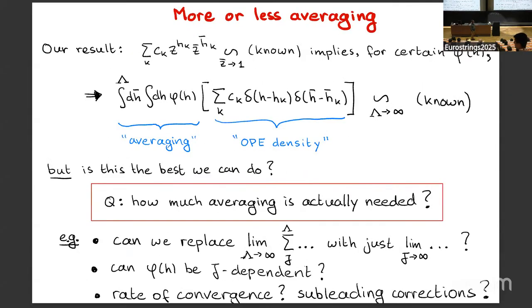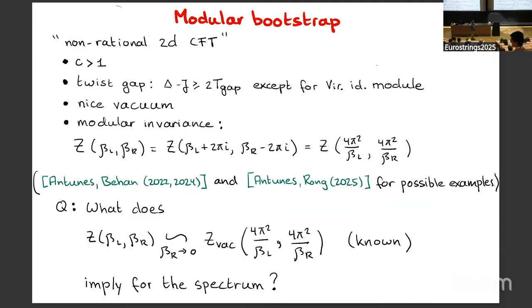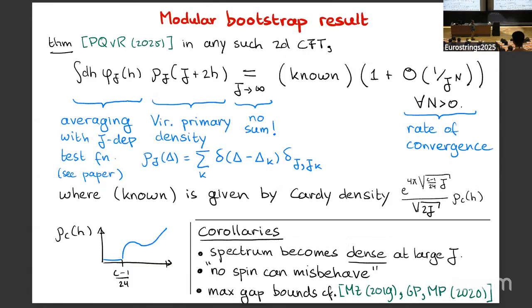And in the modular bootstrap result, we use modular invariance on the right-hand side to get the result. We don't use the decomposition in the cross-channel of the modular invariant partition function. But for various terms that might potentially be dangerous on the right-hand side, we actually go back. We use modular invariance again to estimate that they're small.